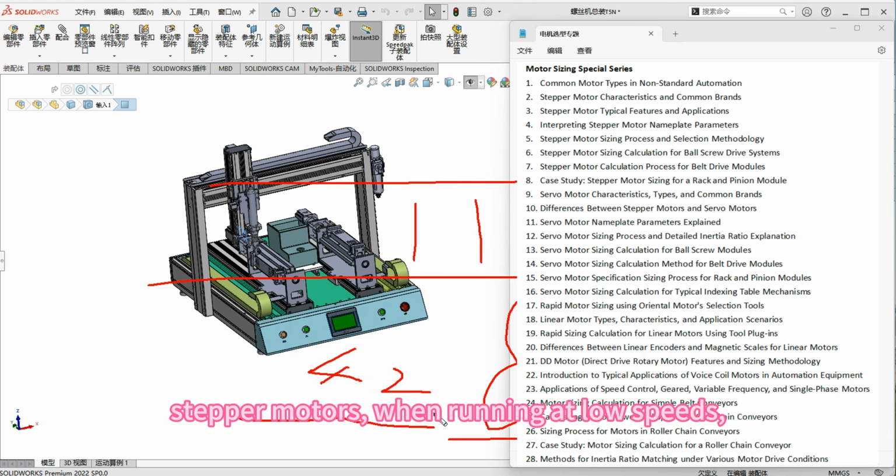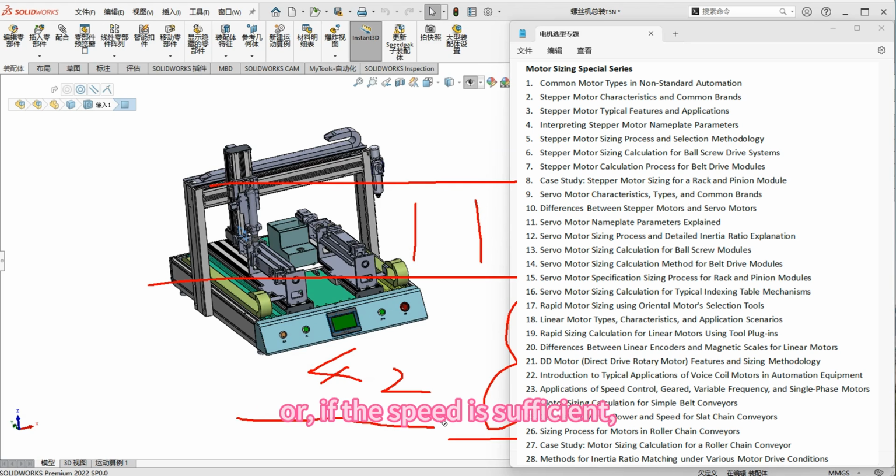Okay, third, stepper motors, when running at low speeds, have significant vibration and noise. At this point, it's also related to the load and the driver's performance. A common mitigation method is to subdivide the step angle, also called micro-stepping. For example, 5-phase motors have lower vibration and noise than 2-phase ones, but you can also use micro-stepping.